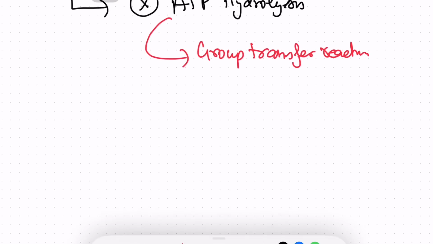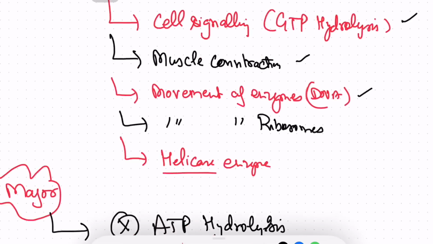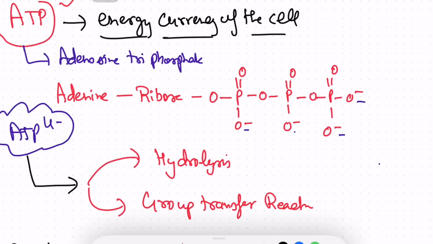Now let us draw the structure of ATP. Here you see it has adenine, it has ribose, and you are going to see 3 phosphate groups, so that's why we say adenosine triphosphate.